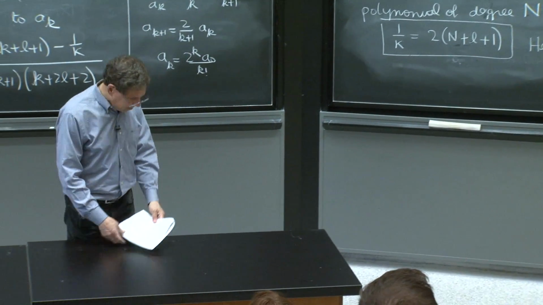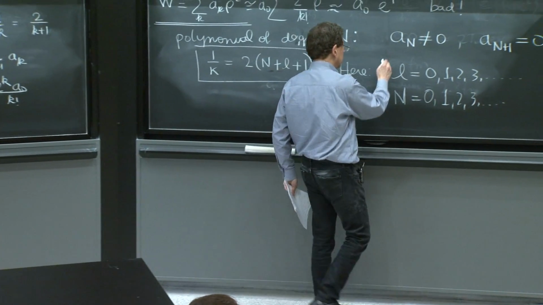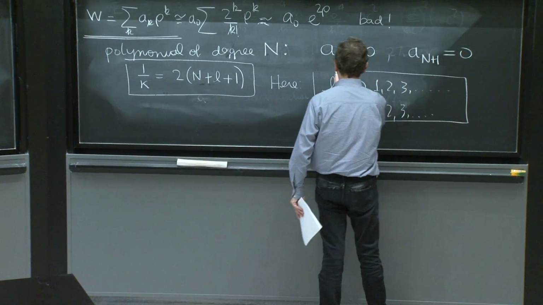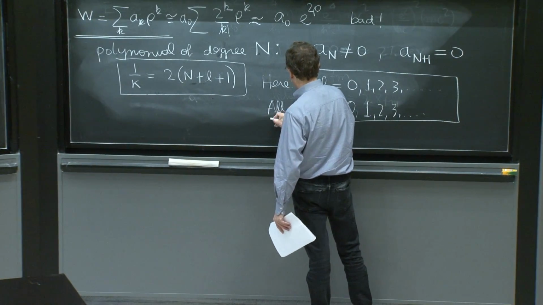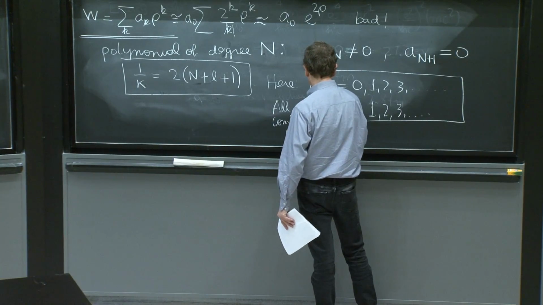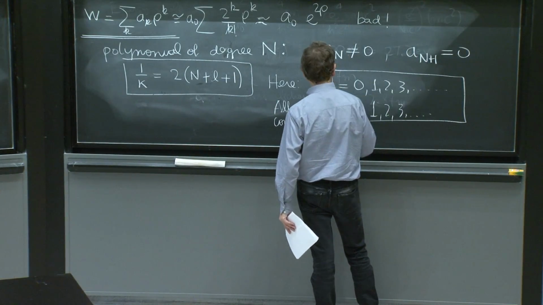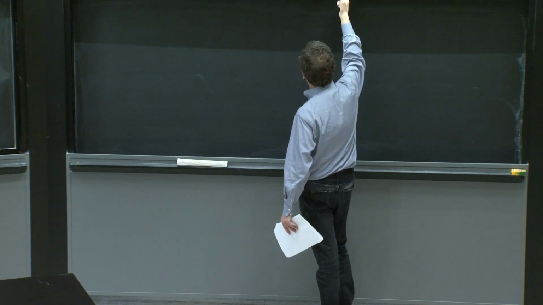So here is a little bit of a definition that we follow. All these are allowed. All combinations allowed. So L can be anything, and capital N can be anything.